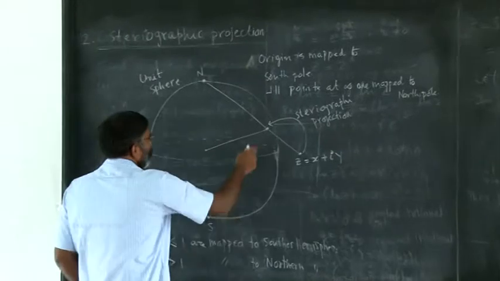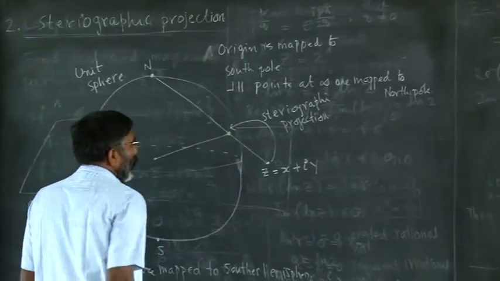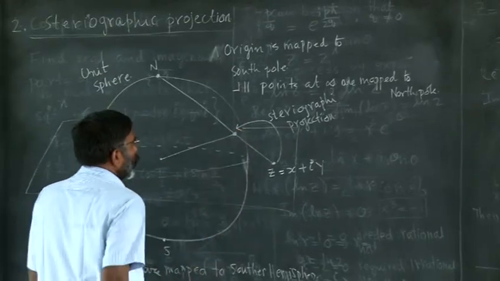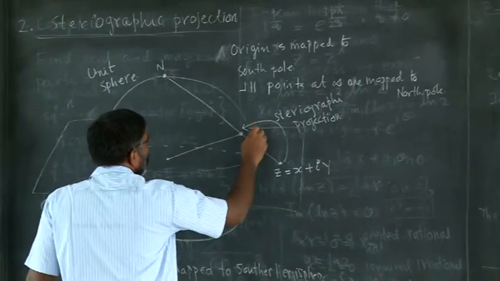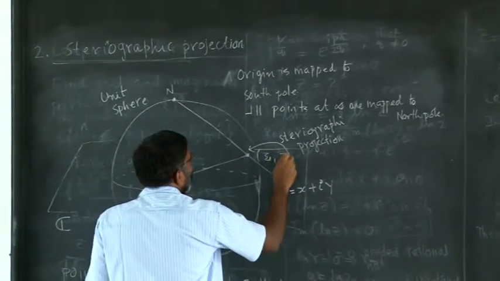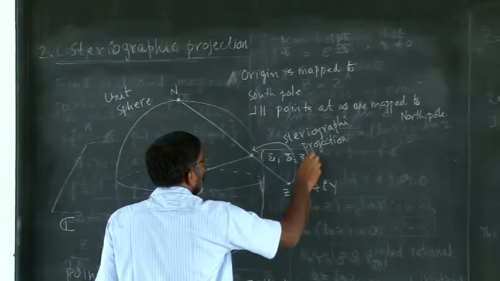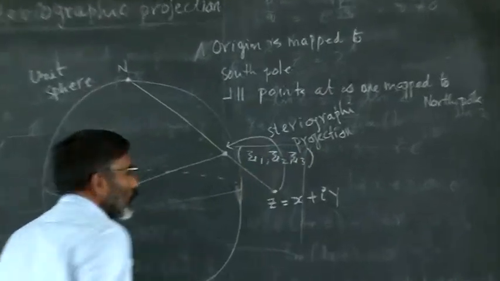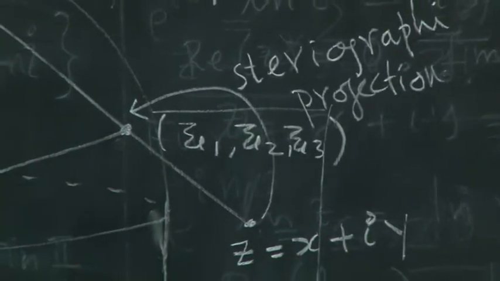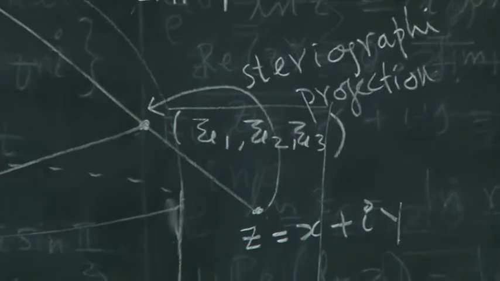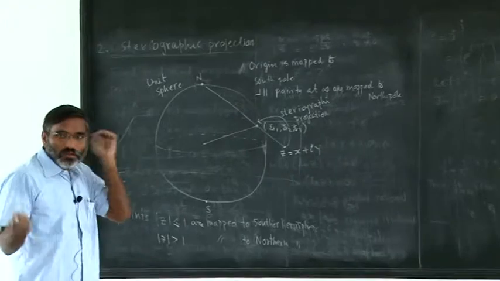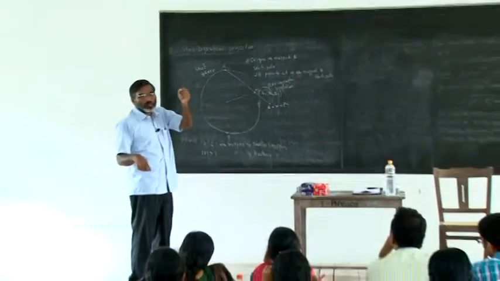Now you can write down in spherical polar coordinates, for example, if you want to call these coordinates xi1, xi2, xi3. Now these coordinates can be related to this x and y. What is xi1 in terms of x, y, and what is xi2 in terms of x, y, that is what is called mapping, right? You know x, y, you should know what this point is.